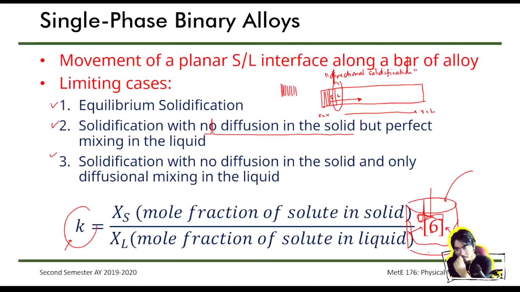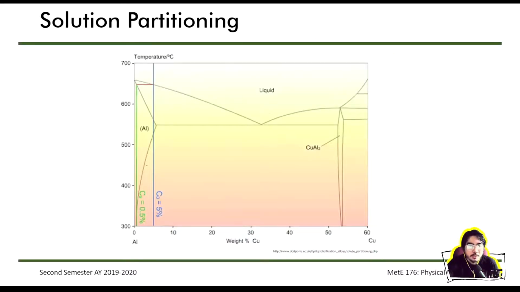Okay? So if you have something that looks like this, for example, this is from a copper-aluminum case. Let's say we are solidifying a copper alloy that has a composition of, uh, 5% copper.